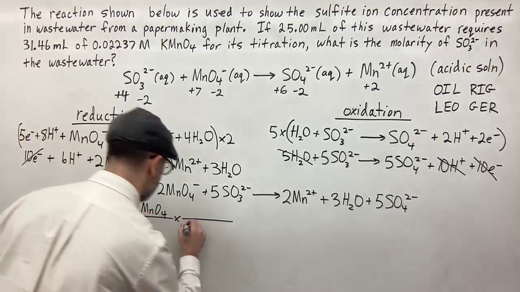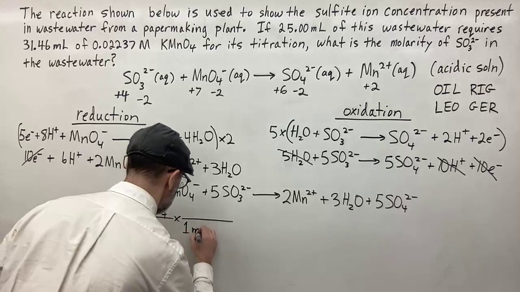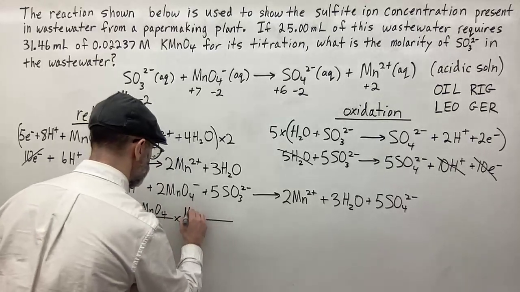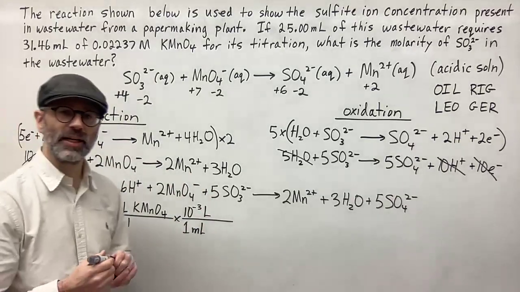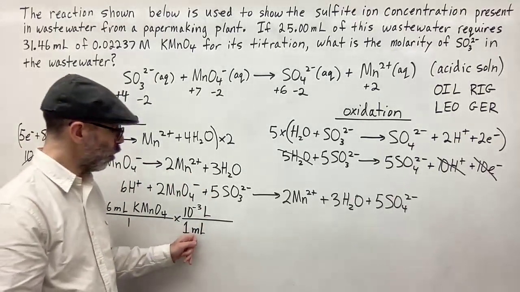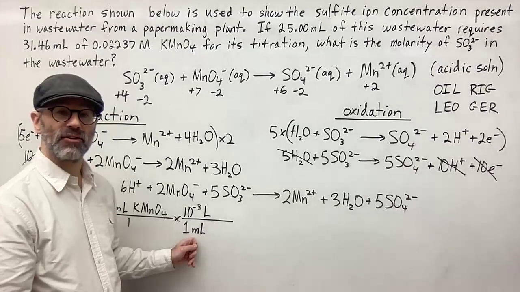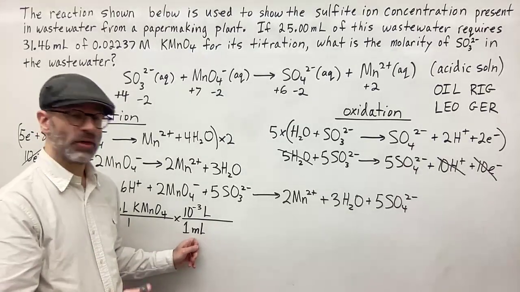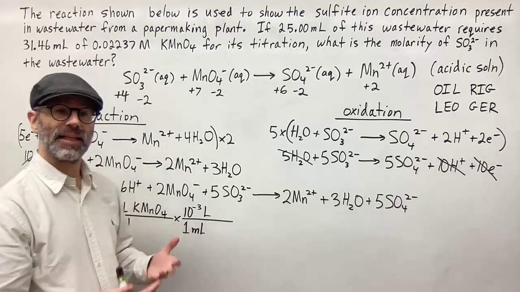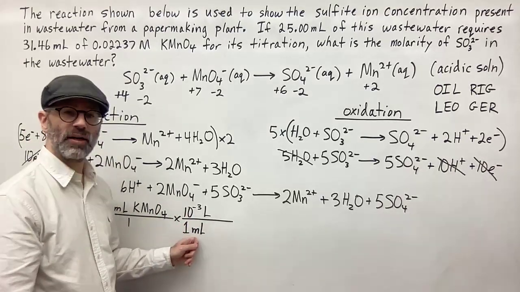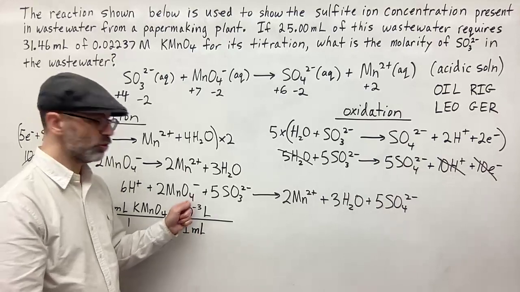But first we got to convert milliliters to liters. So I know that 1 milliliter is equal to 10 to the negative 3 liters, or 1/1000th of a liter. How do I know that? Because I know milli, the prefix, means 1/1000th of. So 1 milliliter is 1/1000th of a liter. Now you could use 1,000 milliliters is equal to 1 liter.